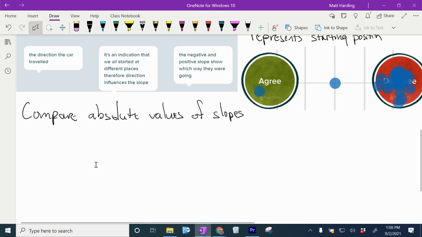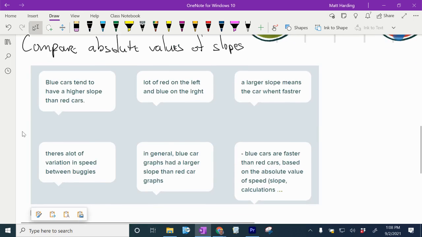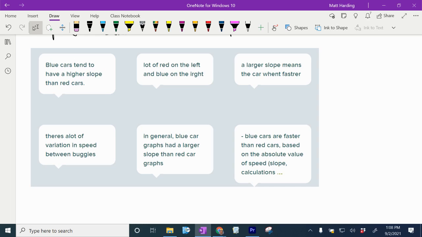Where am I trying to go with this? There we go. Lots of red on the left, blue on the right. Large slope means the car went faster. A lot of speed variation in between buggies. In general, blue car graphs had a larger slope than red car graphs. Blue cars are faster than red cars based on the absolute values of speed, slope calculations.